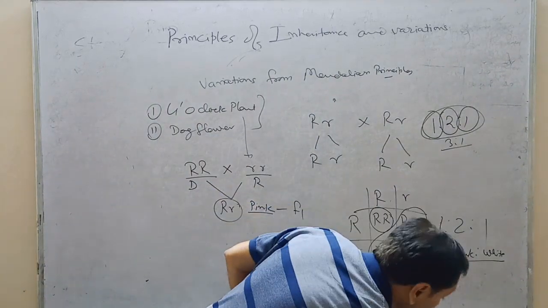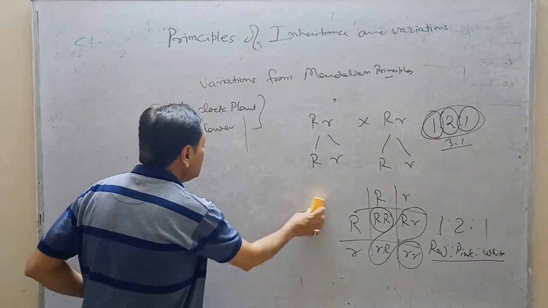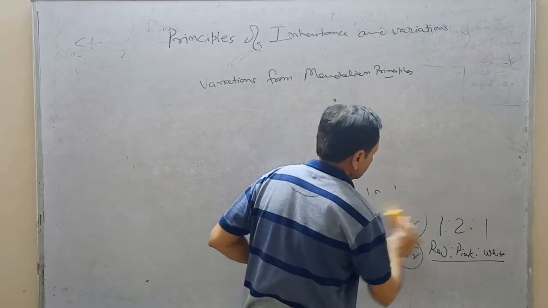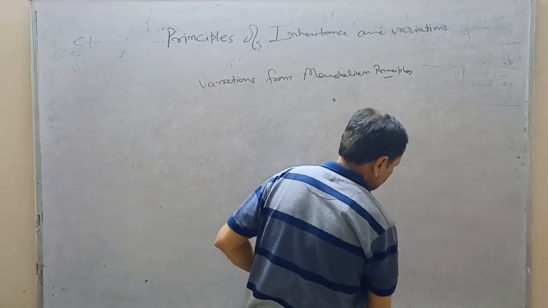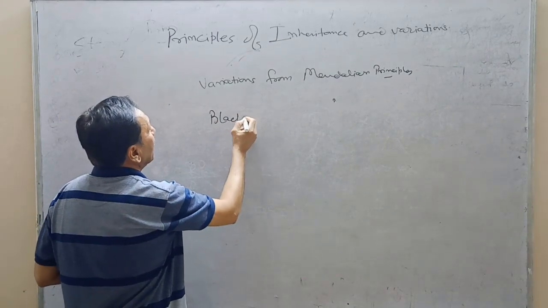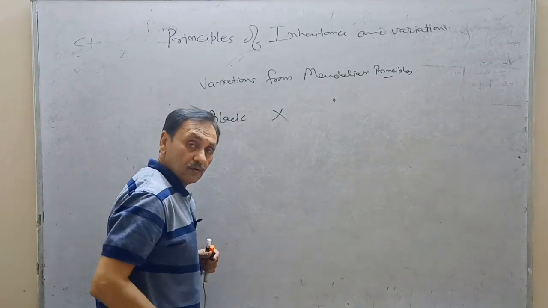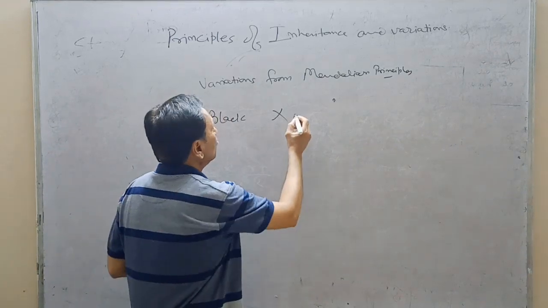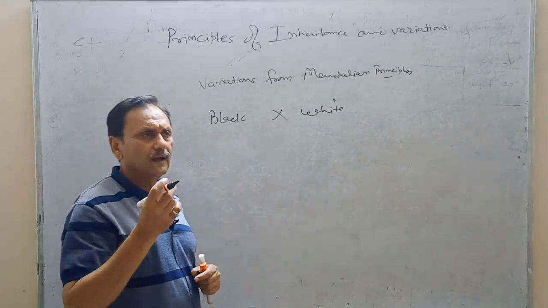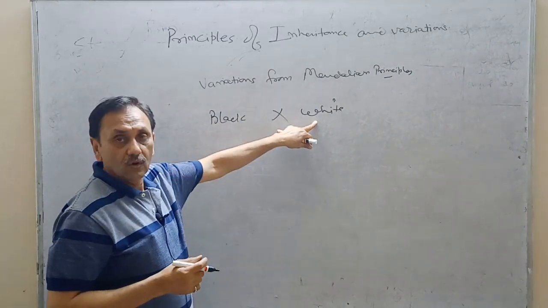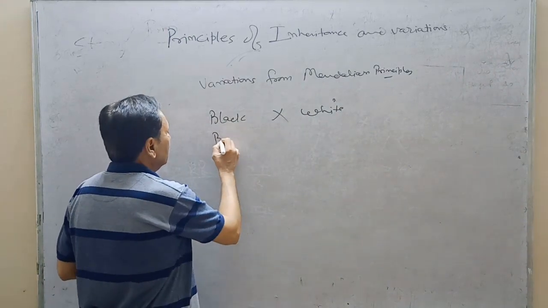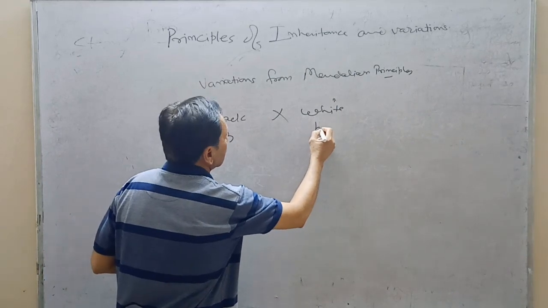In animals, that is the adulation form. It has been observed that the black adulation form, that is the case of the bird, when crossed with the white, not completely white but bluish white, and it has been observed that the white is recessive, this one is the dominant.